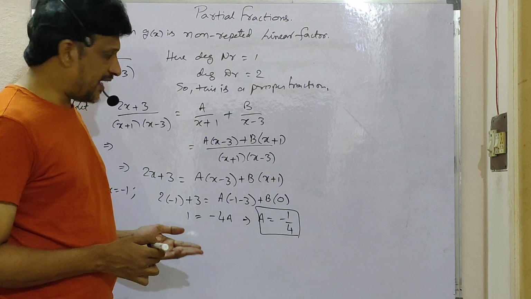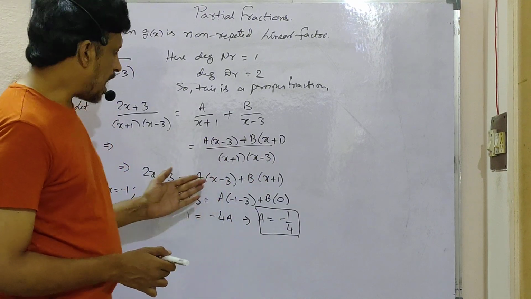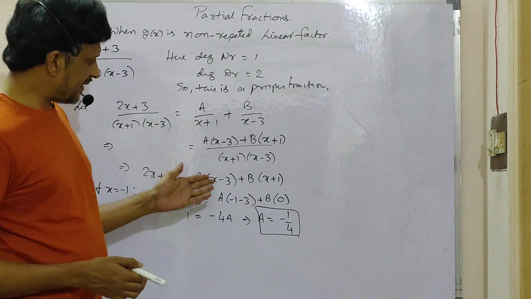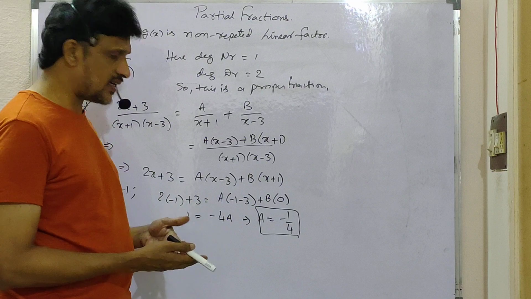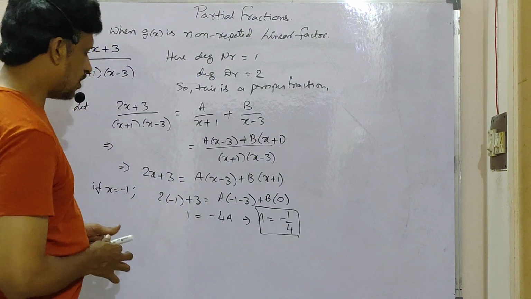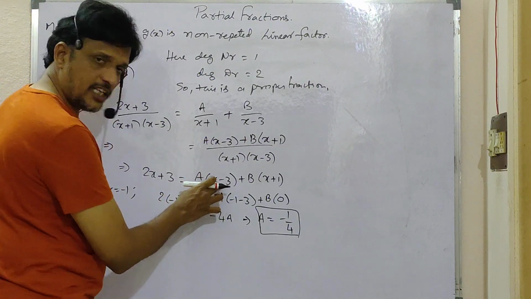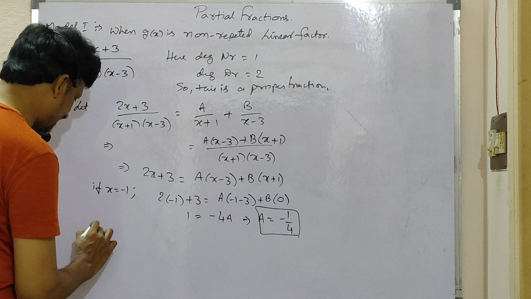And now in the same way, to calculate the value of b, we should eliminate a. How can you eliminate a? By making its coefficient 0. The coefficient is x minus 3. If you can make this 0, then 0 into a will be 0. So x minus 3 equal to 0 is possible only when x is equal to 3. So put x equal to 3.